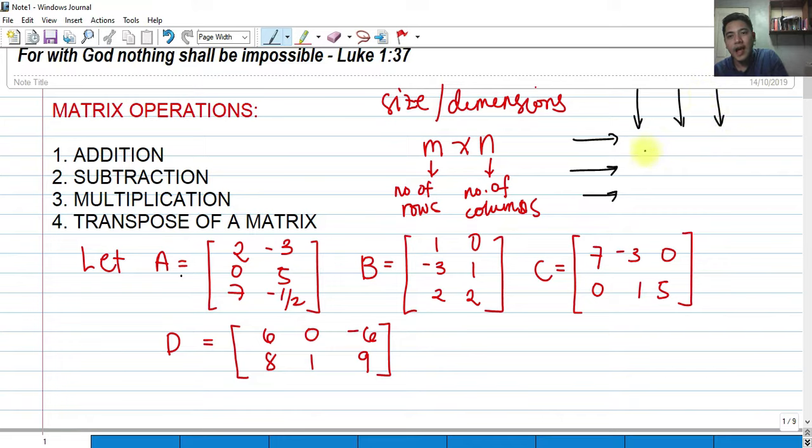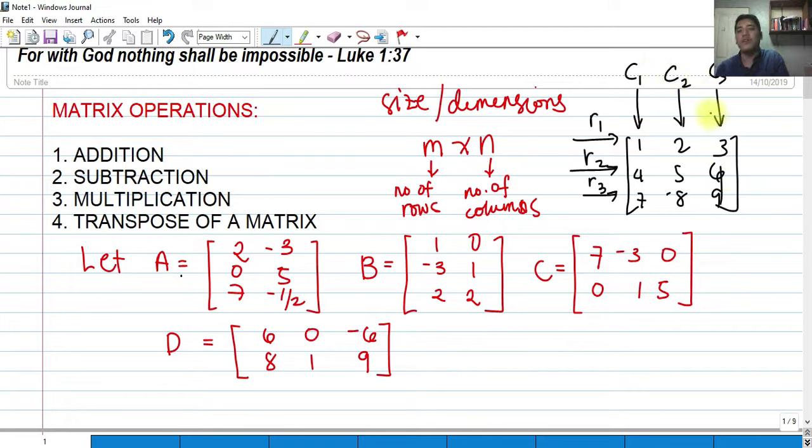So if I have a matrix like this, I have the first row, R1, the second row, R2, and the third row, R3, and the first column, column 1, second column, column 2, and third column, column 3. That is how the rows and the columns are identified in our matrices.